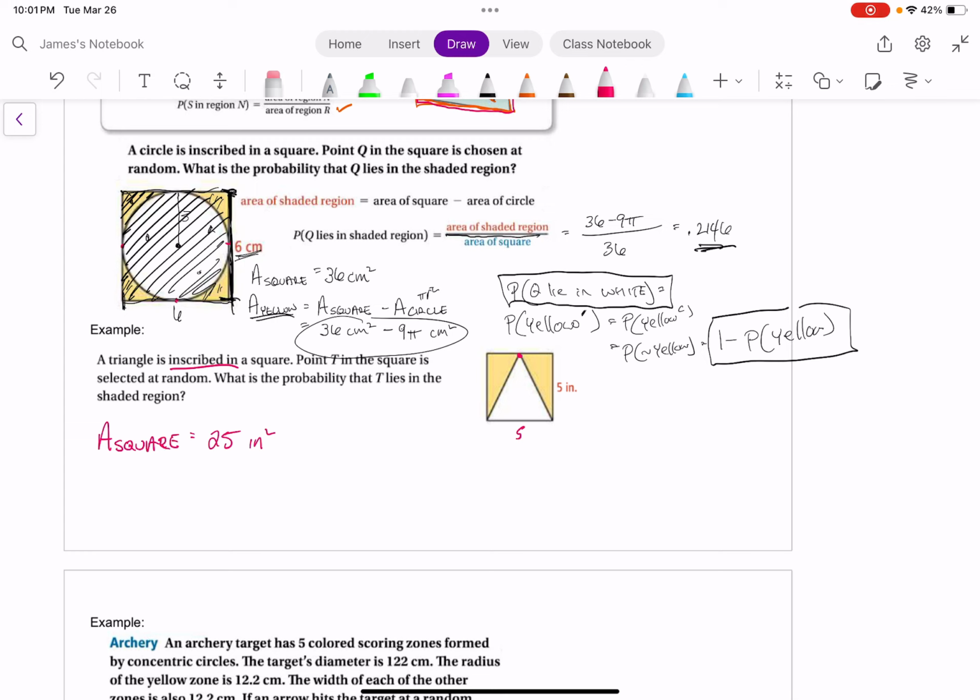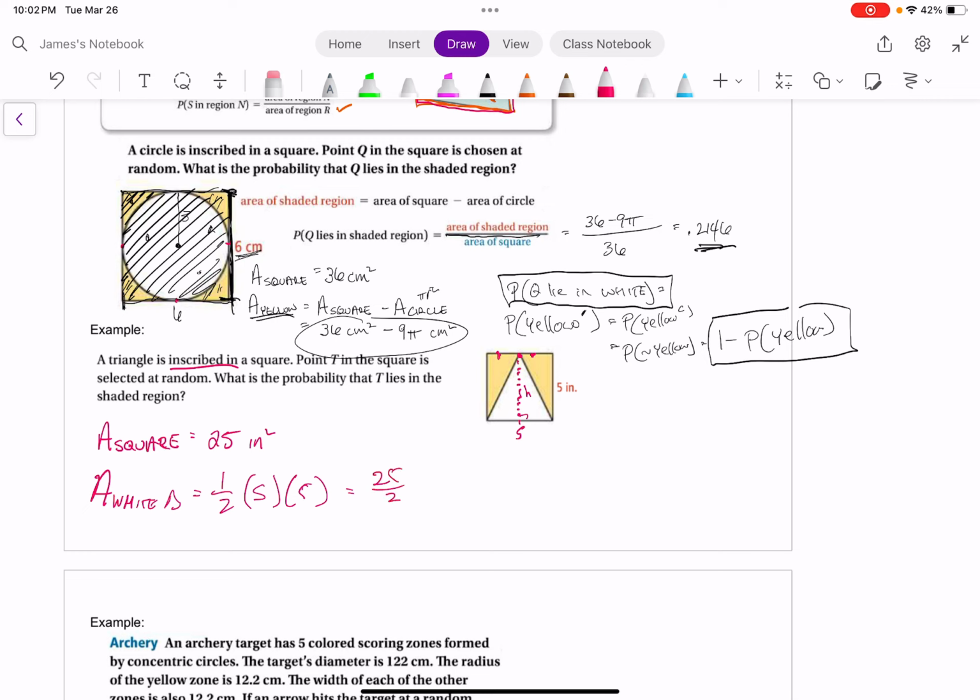But if it's halfway in between, I'm going to say, okay, what is that distance right there? That's H. That's my altitude of that triangle. So I'm going to find the area of the white triangle, which would be 1/2 base of 5 times height of 5. So that's going to be 25 over 2.